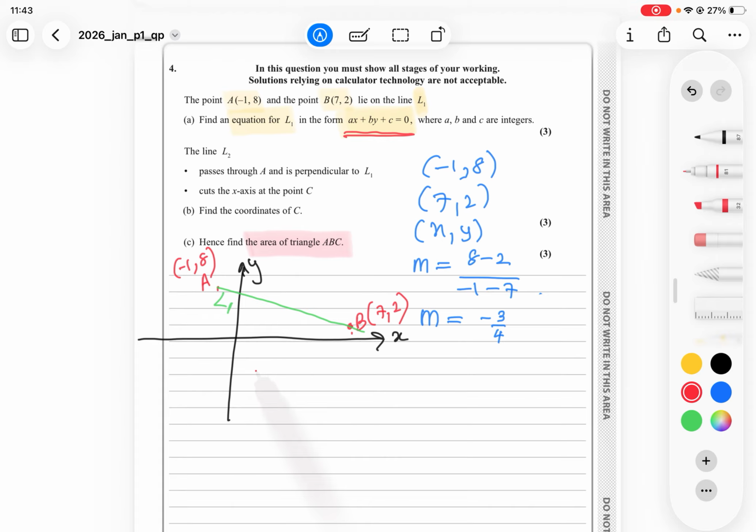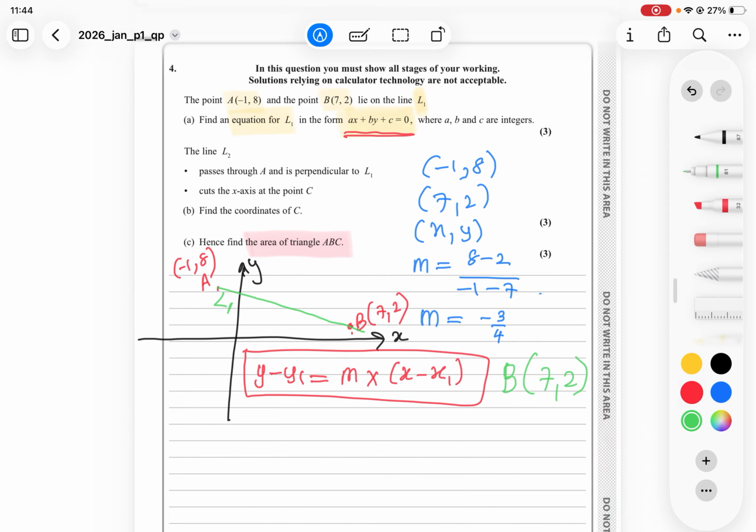Once we get this, to write it in the required format, we have a common equation: y minus y1 is equal to the gradient times (x minus x1). Taking a point which I like, I'll go with B, which is (7, 2).